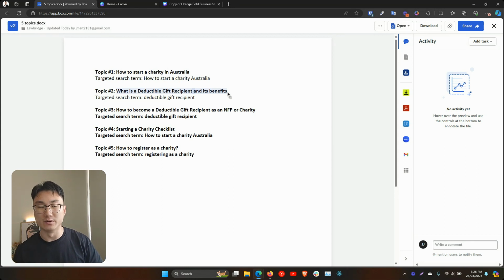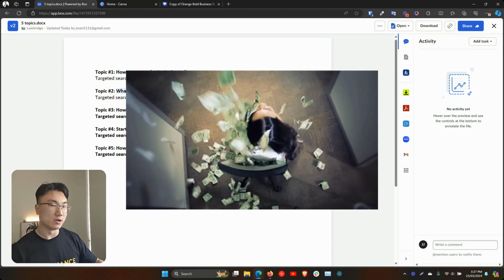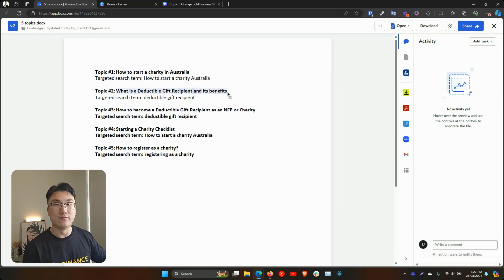Brief explainer for anyone who's not in tune with law in Australia, which I imagine a lot of people aren't: this topic is essentially covering a status that a charity can achieve in Australia, which allows them to receive donations from donors, where those donations are tax deductible for those donors.